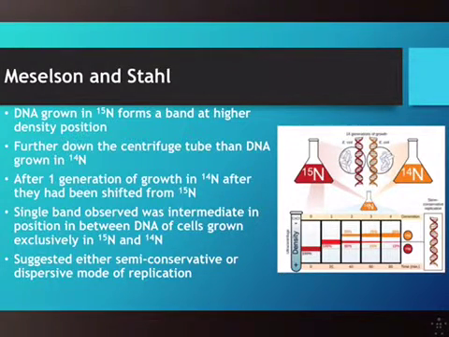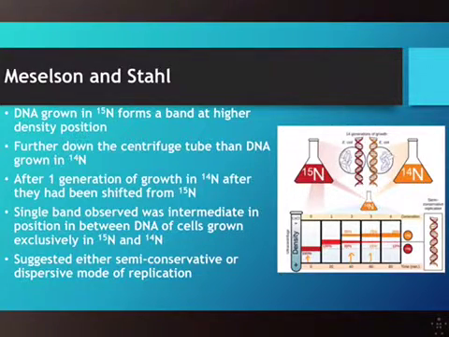So basically, with purely N15 grown bacteria, your band is down here, in the red. After it was incorporated with the N14, it would be split 50-50. 50% of the DNA had N14 in it and 50% had N15.